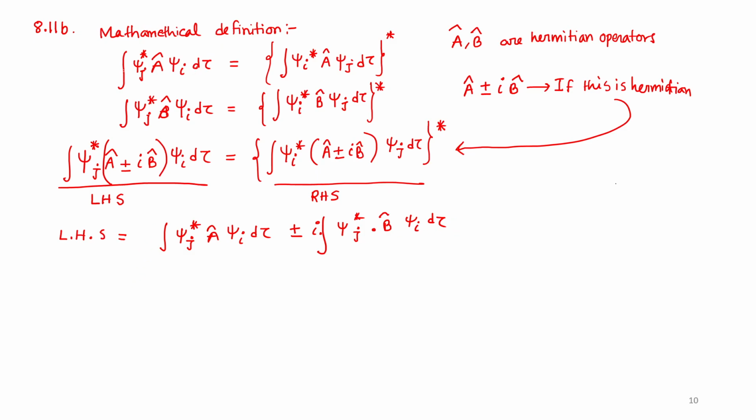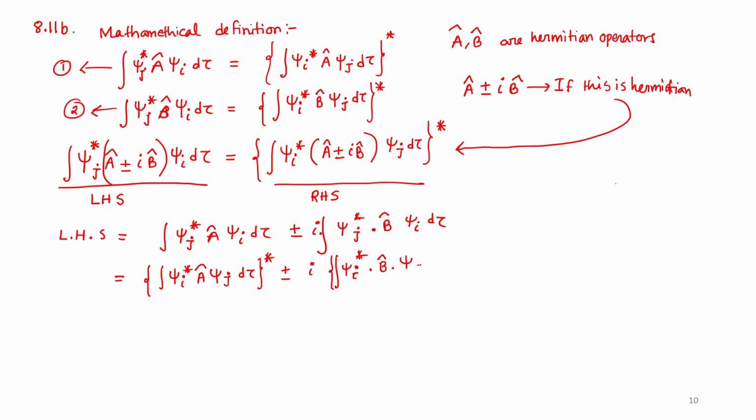from there we can use equations 1 and 2 and replace this in terms of the integral of psi i star A psi j d tau, complex conjugate of all, plus minus i times the integral of psi i star B psi j d tau, complex conjugate of all.